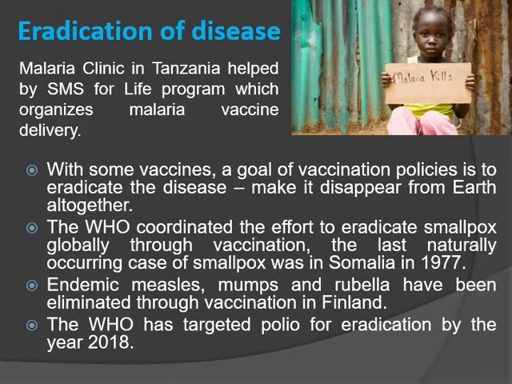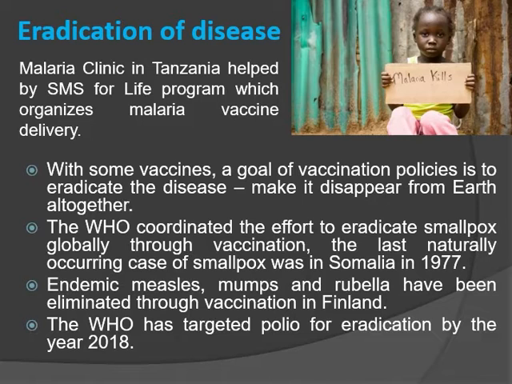The last naturally occurring case of smallpox was in Somalia in 1977. Endemic measles, mumps, and rubella have been eliminated through vaccination in Finland. The World Health Organization has targeted polio for eradication by the year of 2018.